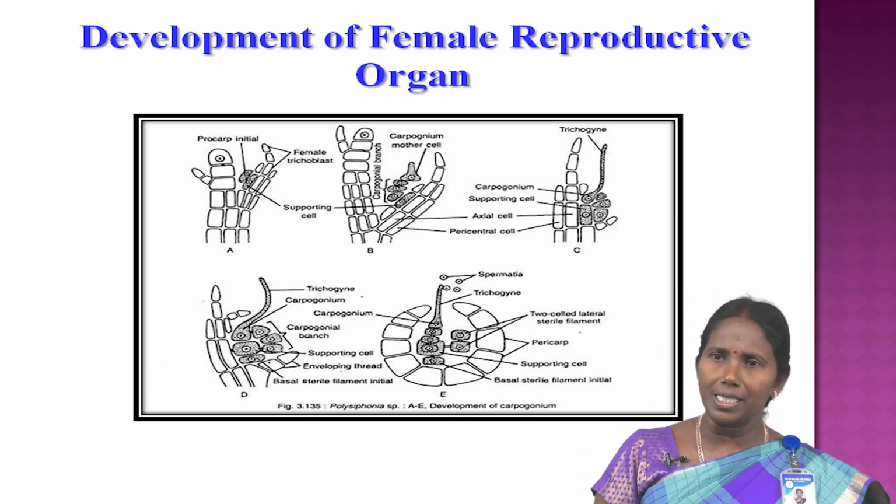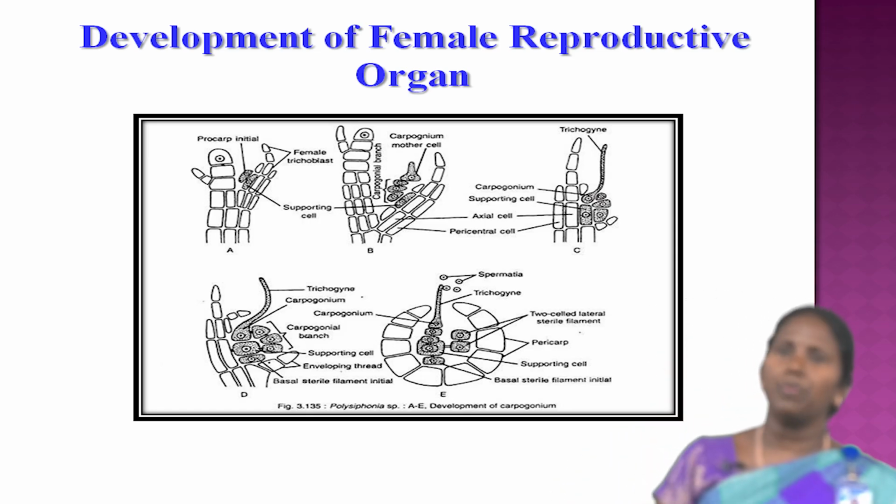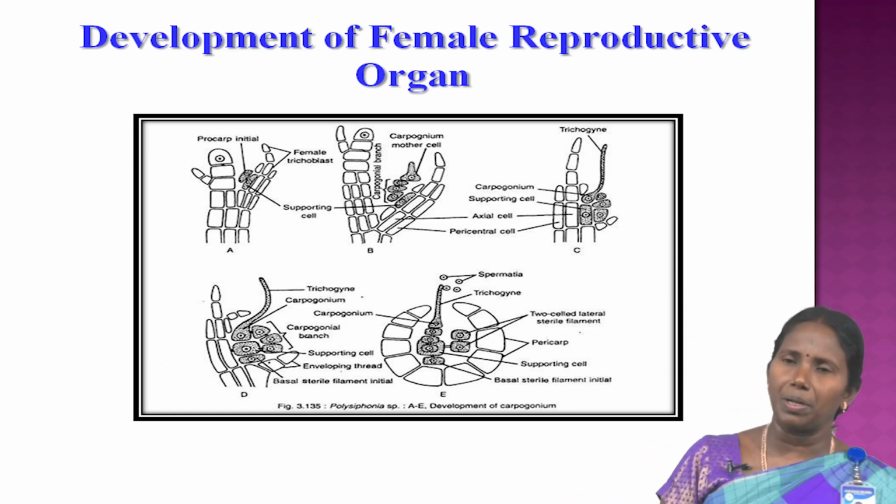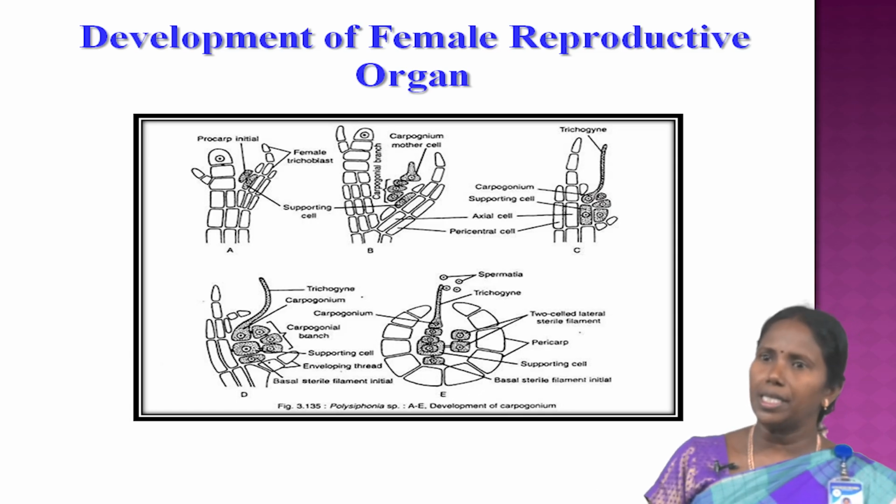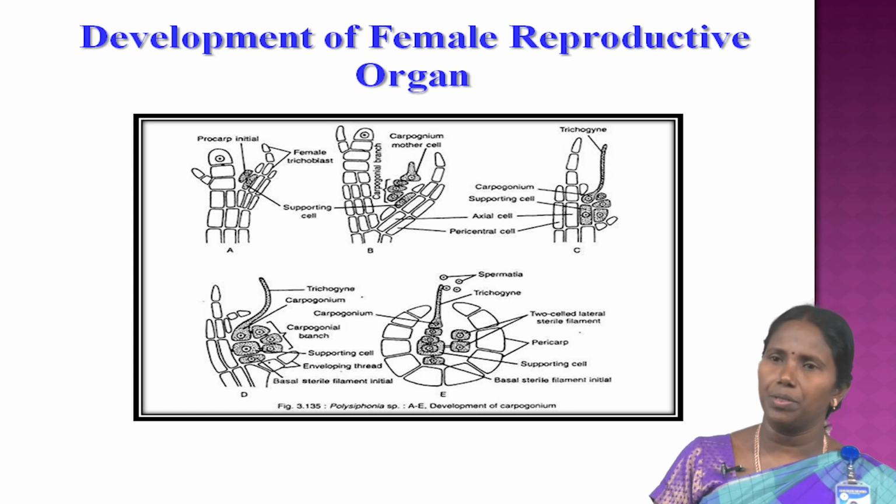The lateral sterile initial divides transversely and forms these 2 celled lateral sterile filaments. The carpogonium is ready for fertilization at this stage.